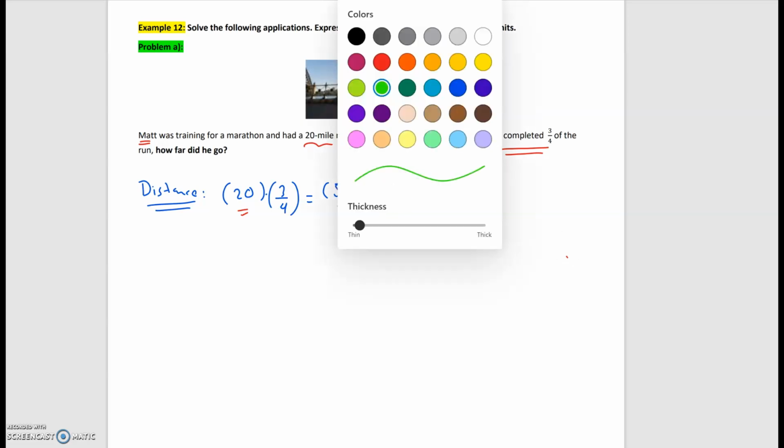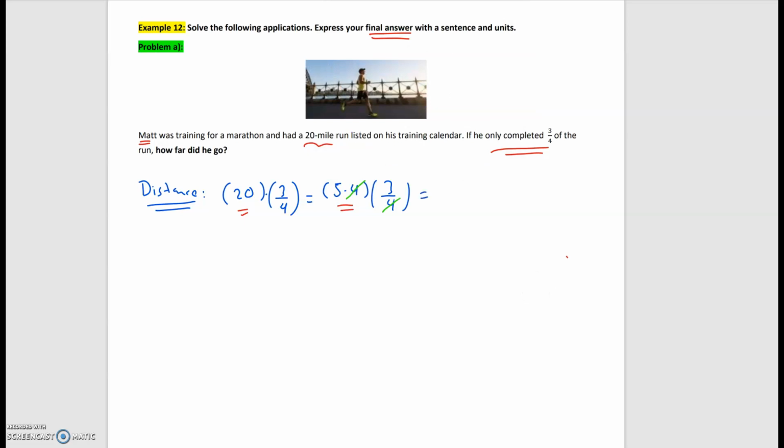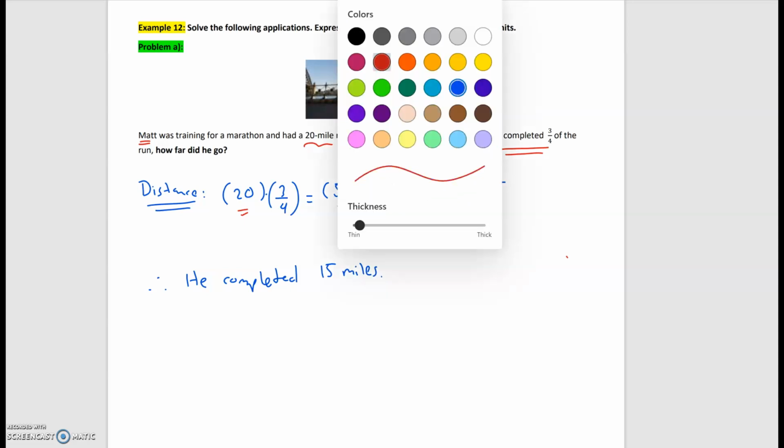So for this particular one, we're looking at a final answer of 5 times 3, or 15. Now, our main answer, I'm just going to express it as a sentence. So he completed 15 miles. And that's it.